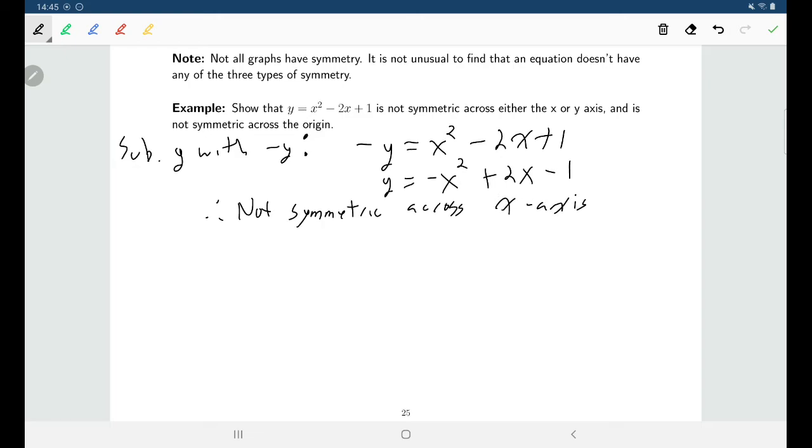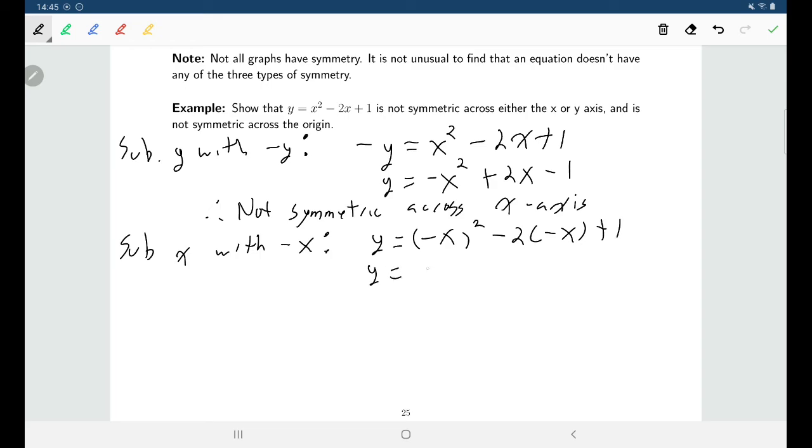And we could do the same thing for checking symmetry around the y-axis. If we substitute x with negative x, then we would have y equals negative x squared minus 2 times negative x plus 1, which if we simplify that, we can see that it's not the same thing as the original equation. It's close to it.